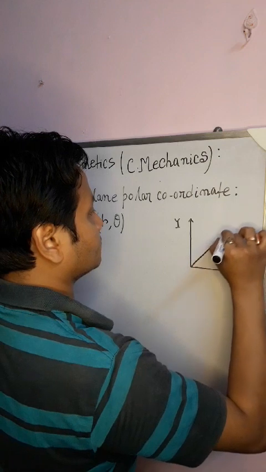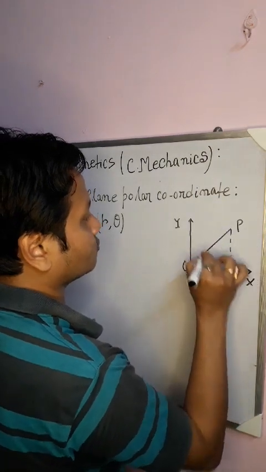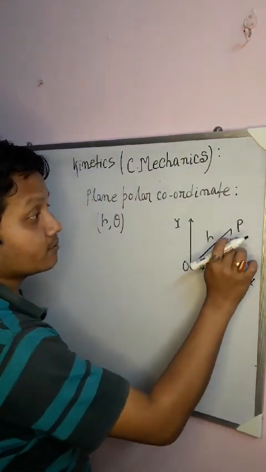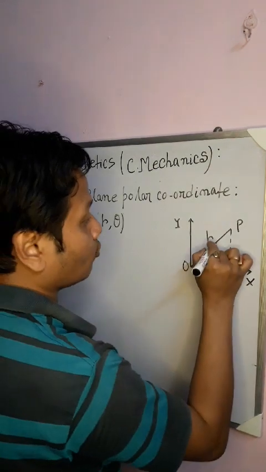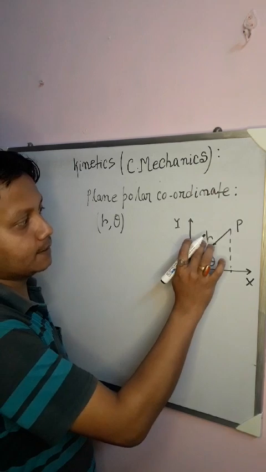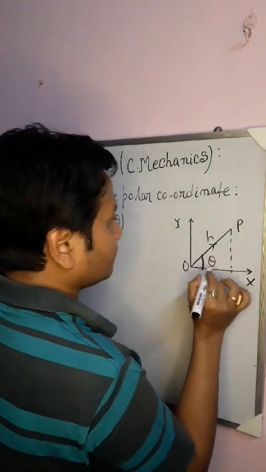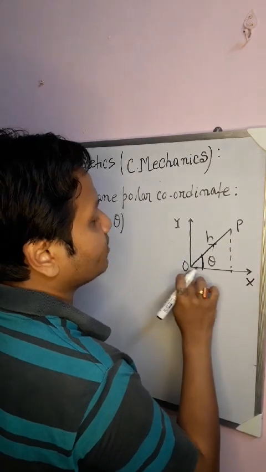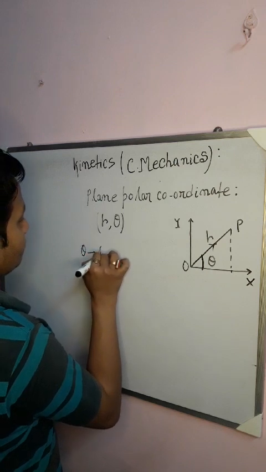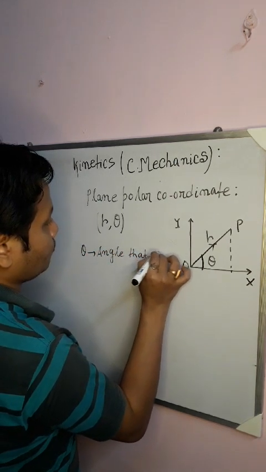Just draw this. If you take a particle at P, this is r and this is theta. What is r? It is the position vector of the particle relative to O, and it is always positive. And what is theta? That is the angle that OP makes with the positive x-axis.